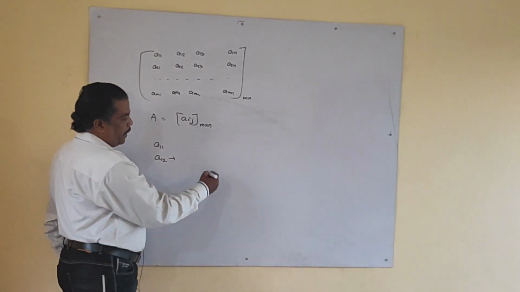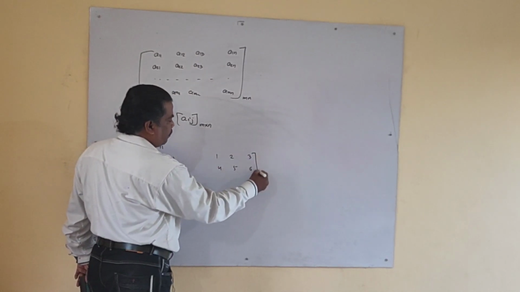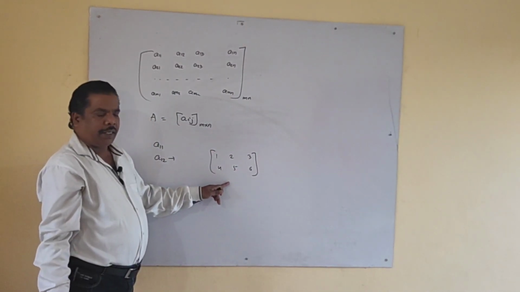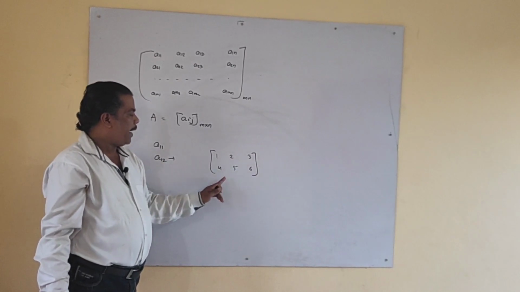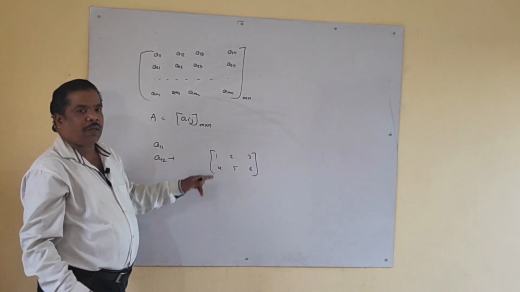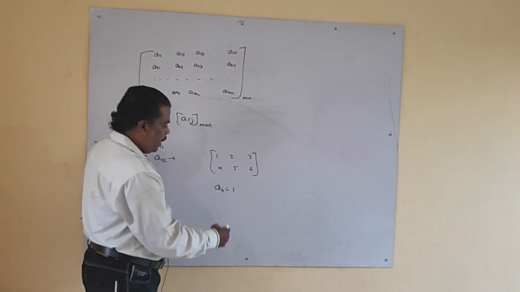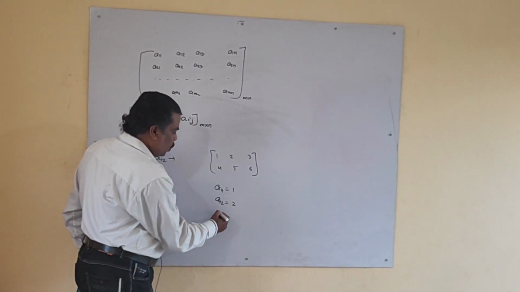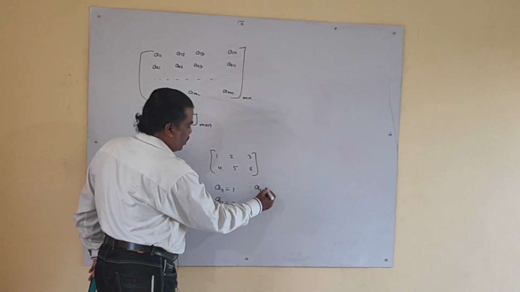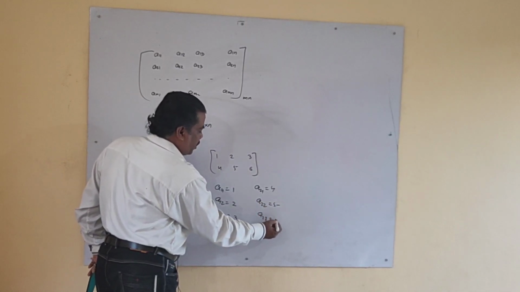Suppose I write an example matrix 1, 2, 3, 4, 5, 6. Here we arrange 6 elements in 2 rows and 3 columns. This is an element present in the first row and first column. So A11 is equal to 1, A12 is equal to 2, A13 is equal to 3, A21 is equal to 4, A22 is equal to 5, A23 is equal to 6.